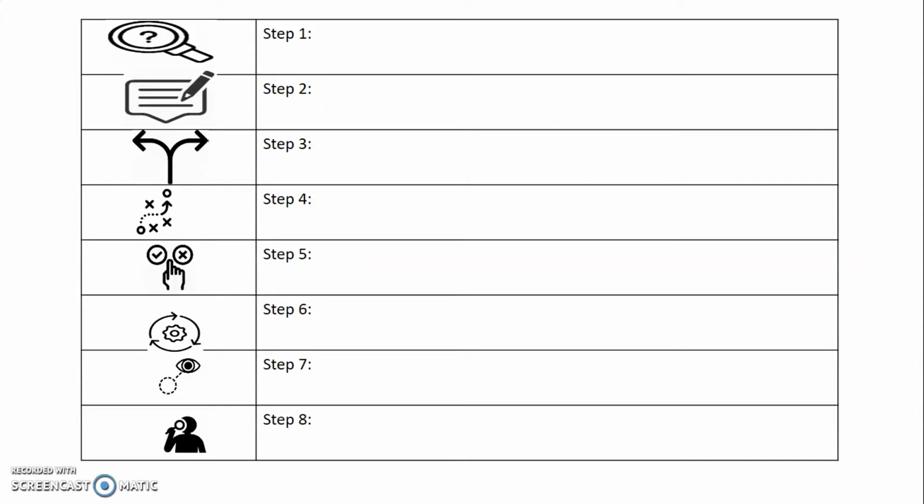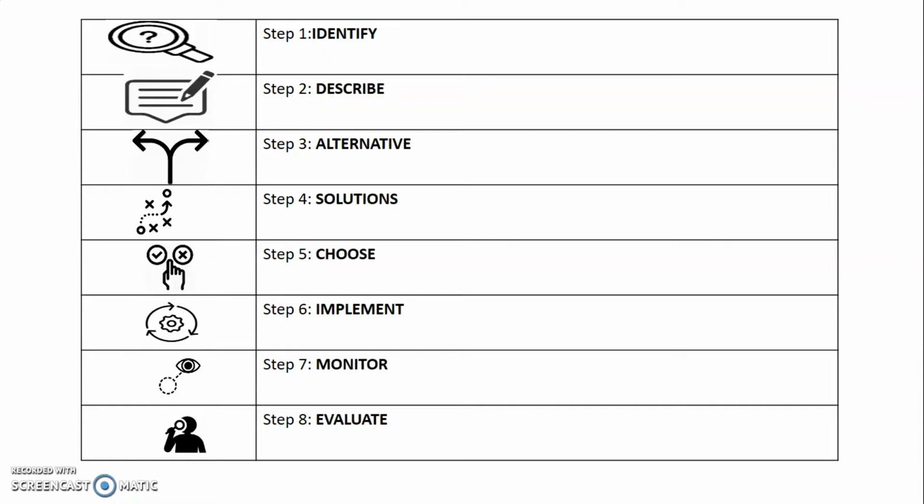Let's finally look at our keywords once again. We have identify for the magnifying glass. We have describe for writing it down. We have alternative for different paths, different solutions. Step 4 is solutions. We are evaluating the solutions. For step 5, we are choosing our best solution.